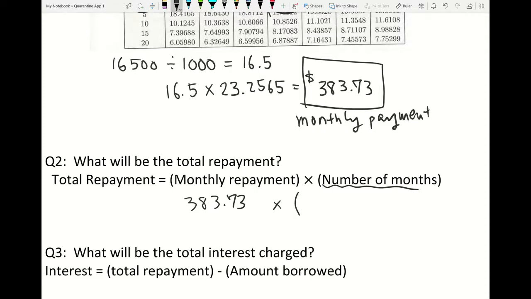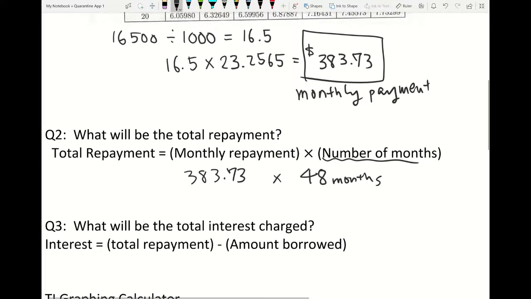Let's see, 4 times 12, which is 48 months. Okay. So if you multiply that, you're going to make 48 payments throughout 4 years. And you pay, let's see, what is it?